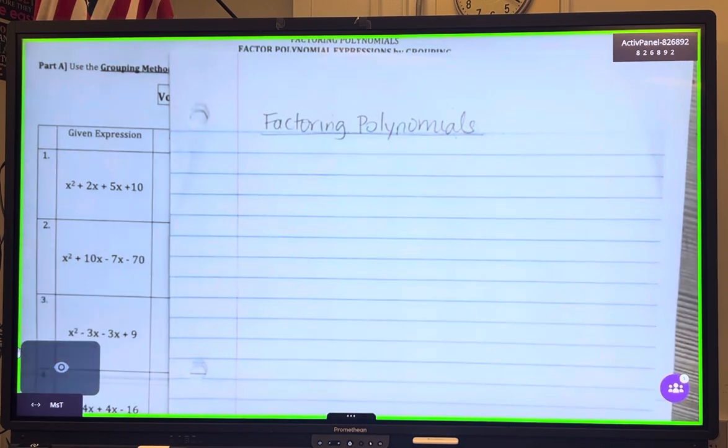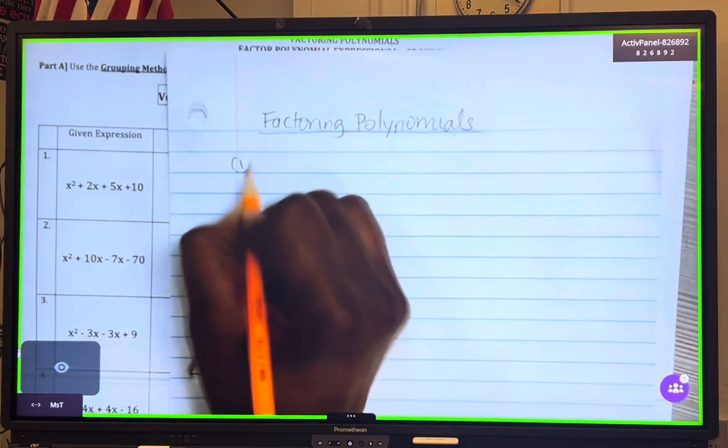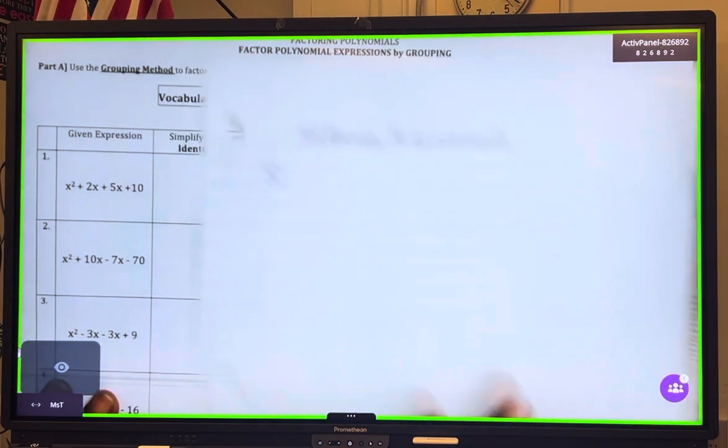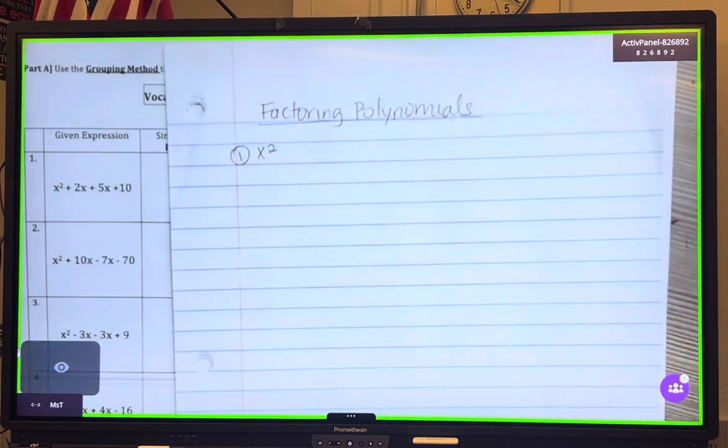So let's start with this first problem. Now, what I want to start off by saying is that when they present these functions to you, they are not going to look like this first one, Leonel.